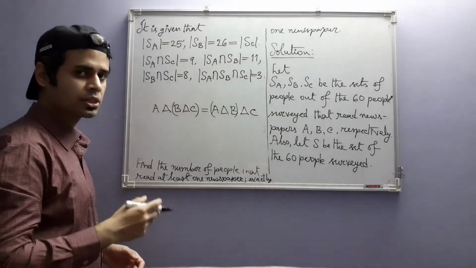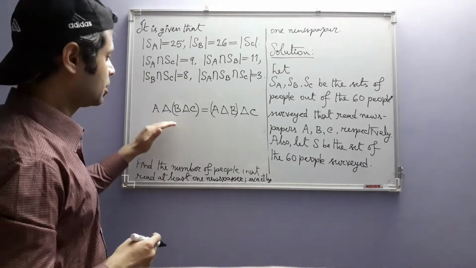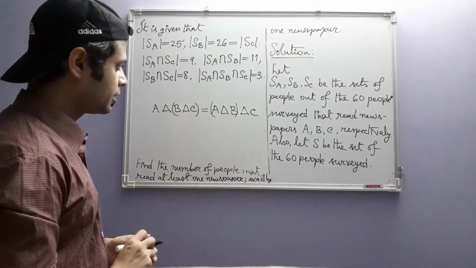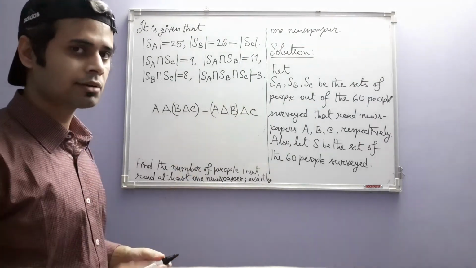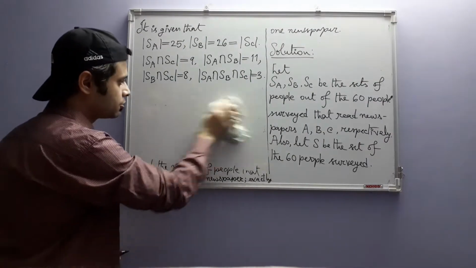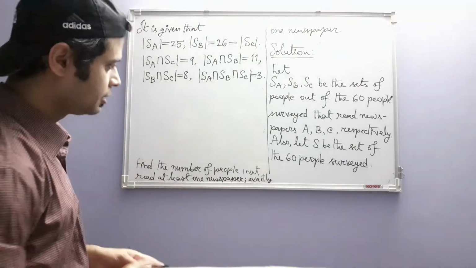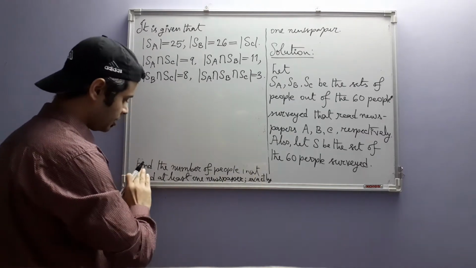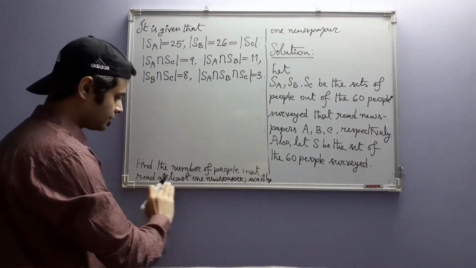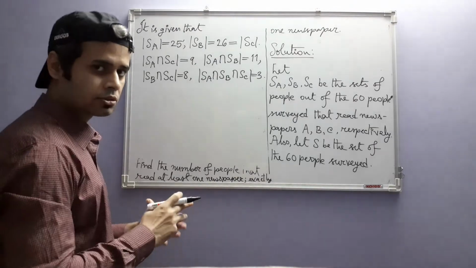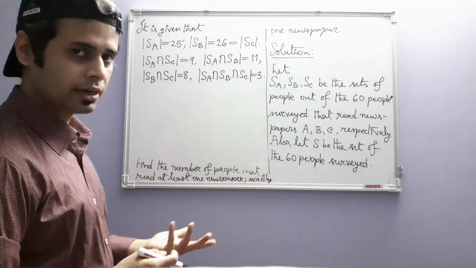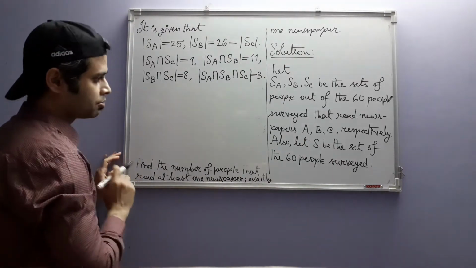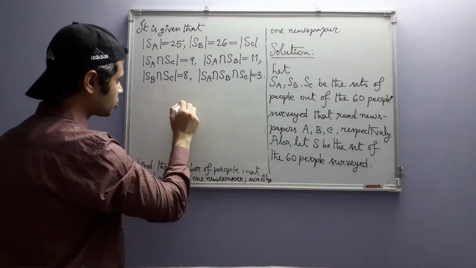We have only mentioned that it is quite lengthy, but we drew the Venn diagram for this, and there we saw how 3 sets have to be drawn. So we are going to do a similar thing here, just to see what these find the number of people that read at least one newspaper. So the set of people that read at least one newspaper, that also will be there somewhere, no? So that's what we want to draw here.